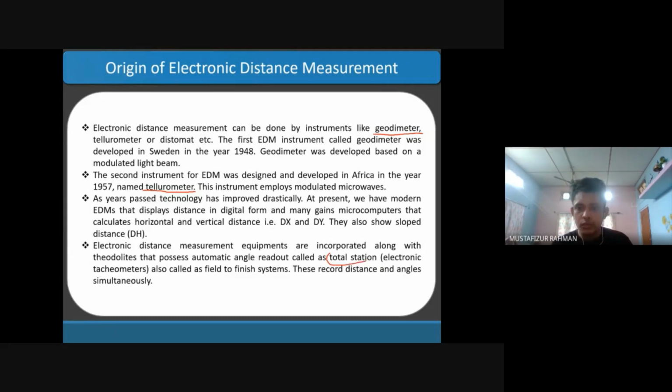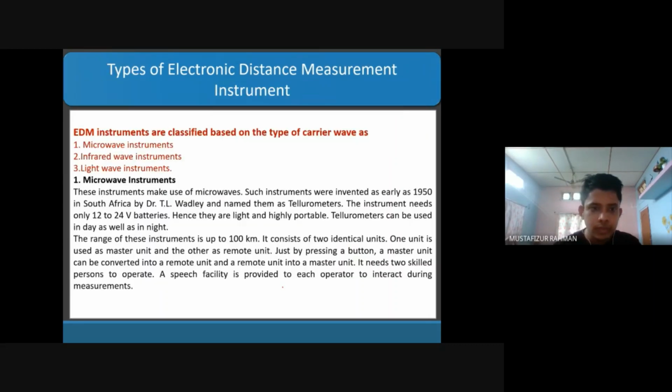We will be using it hopefully. So these all are using the principles of electromagnetic distance measurement. They all are using electromagnetic waves. They may be using different types of waves within the electromagnetic spectrum, but the basic principle and the basic methodology is the same for all these instruments.